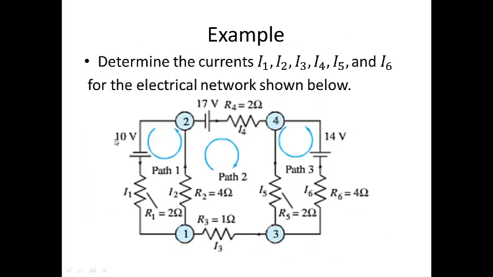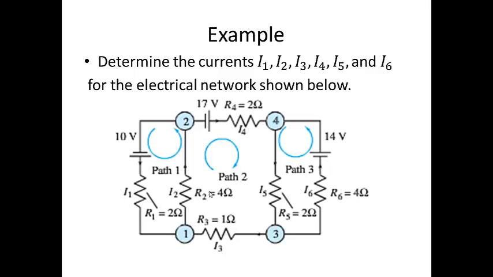Okay, example 2. Determine the currents I1, I2, I3, I4, I5, and I6 for the electrical network shown below. Let's start with junction 1. The currents flowing into junction 1 are I1 and I3, and the current flowing out of junction 1 is I2.